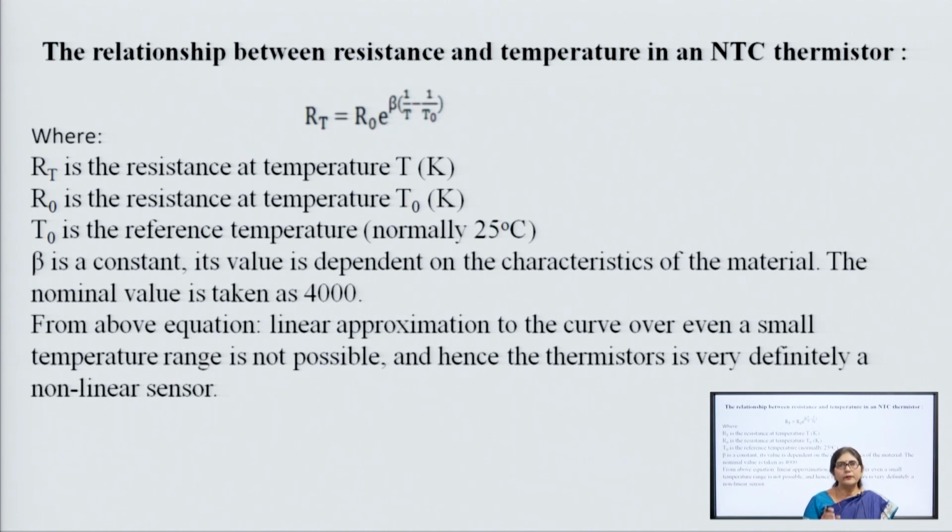When change in resistance is converted into change in voltage, that change in voltage is also non-linear. So, we need a meter which can measure the non-linear change in voltage. So, the scale should be non-linear.